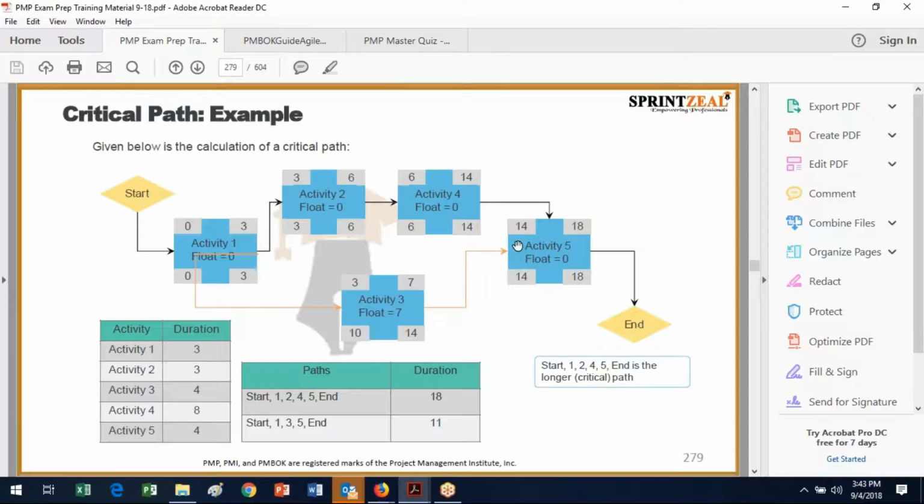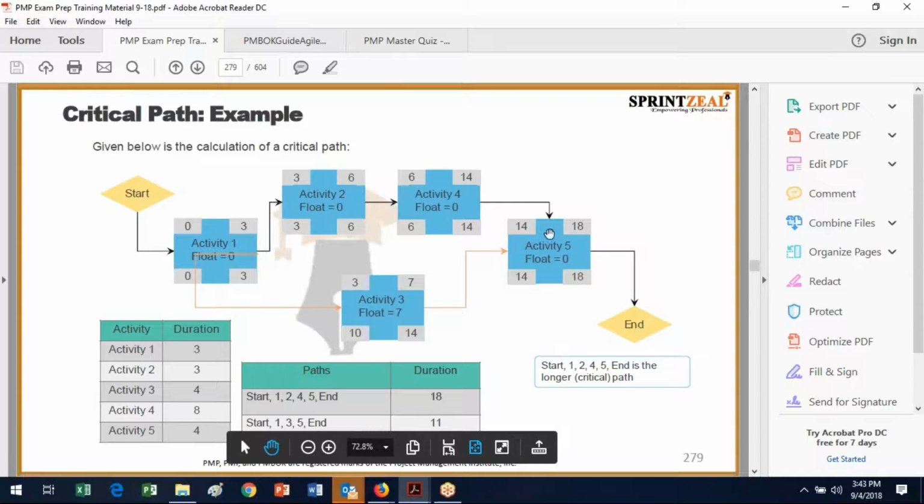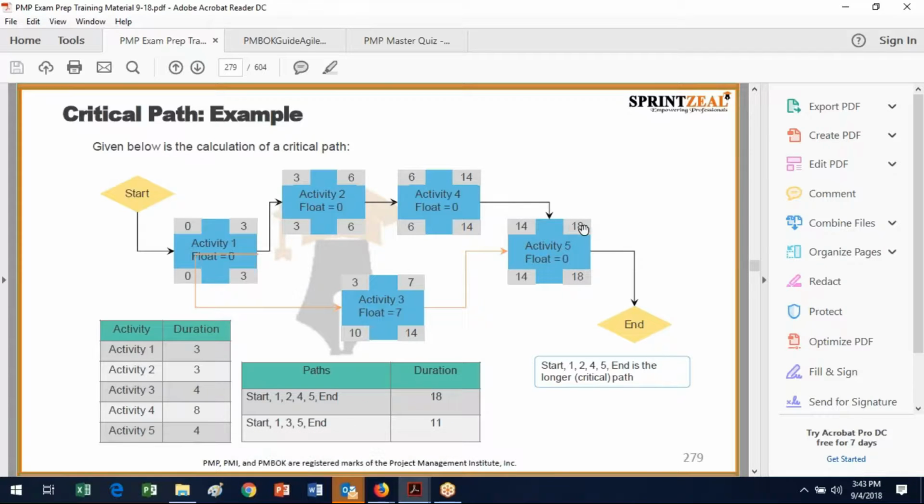Now on the forward pass, you take the biggest number between 7 and 14, so obviously that's 14. Activity 5 has a 4-day duration, so 14 plus 4 is 18, so that's where you end, at 18. So 18 drops down to here, because it just does.